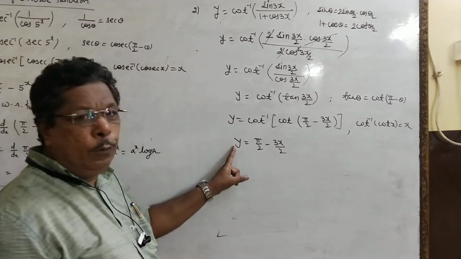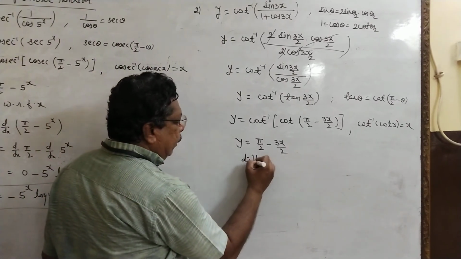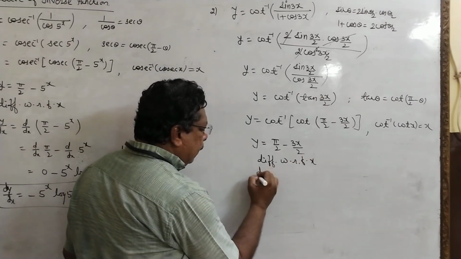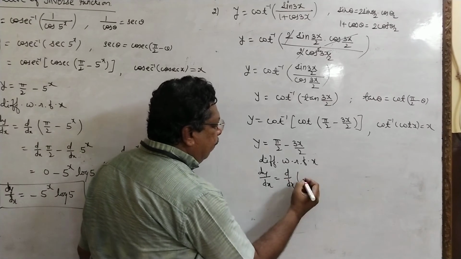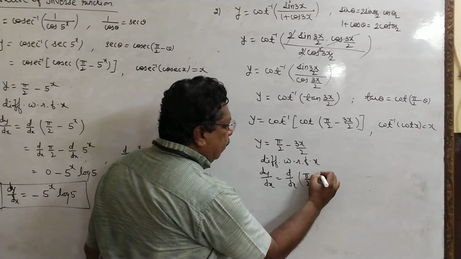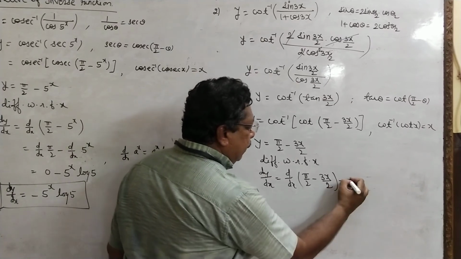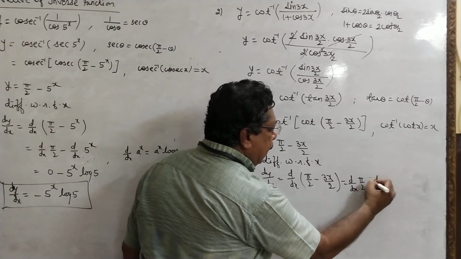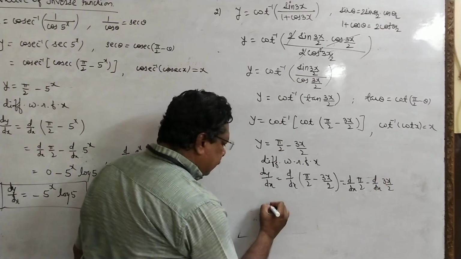And now we have to differentiate this function with respect to x. dy by dx is equal to d by dx of pi by 2 minus 3x by 2. So this becomes d by dx of pi by 2 minus d by dx of 3x by 2.